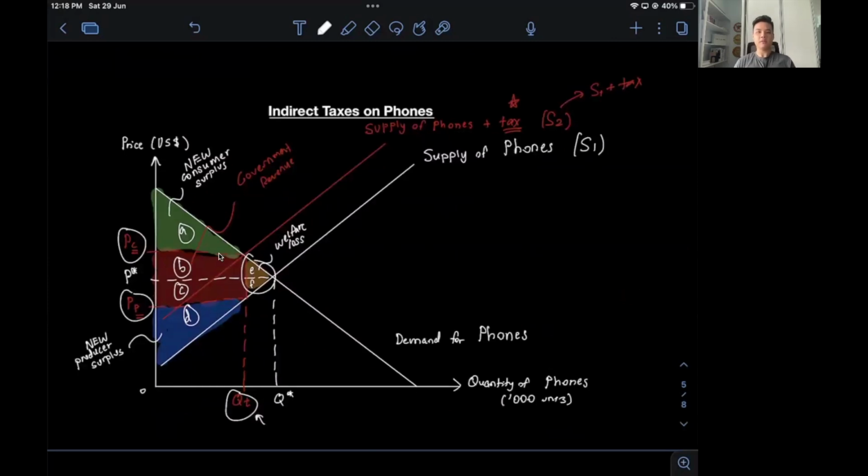So to sum up, there are three key takeaways on indirect taxes. Firstly, and most importantly, please remember this: taxes increase the cost of production. So consumers pay more and firms receive less. Secondly, governments are the only stakeholder who benefits from taxes, as we see in this diagram, because they get tax revenue. All other stakeholders, such as consumers, producers, workers, and even society, become worse off.